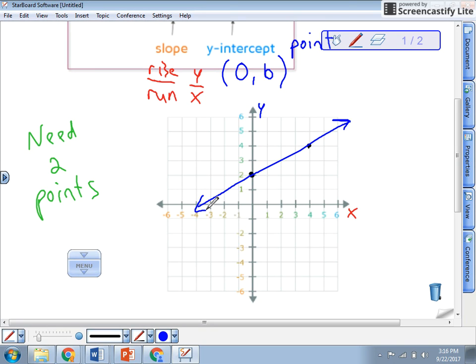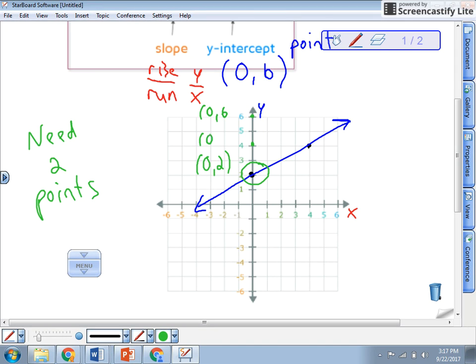So where is our y-intercept? The y-intercept is where it crosses the y-axis. So why do we put a 0 there for the y-intercept point? Because that ordered pair is (0, 2). And if you pick any point along the y-axis, pick this point right here, this is going to be (0, 6).